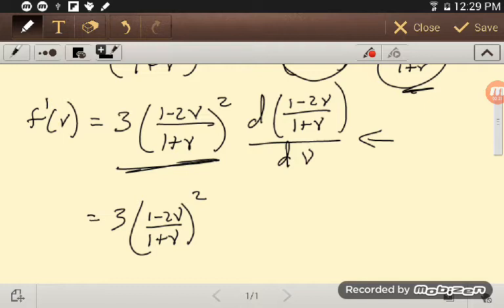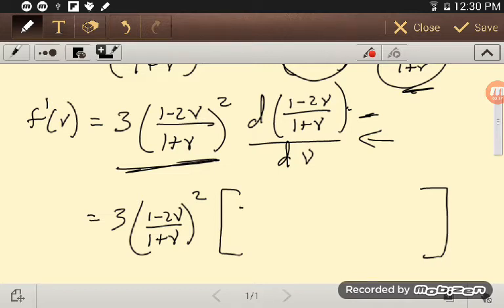So get those. Now this is a quotient rule, and so derivative of the top, that's just -2, so I'm going to put some big brackets around that derivative so I remember to multiply through and so forth.